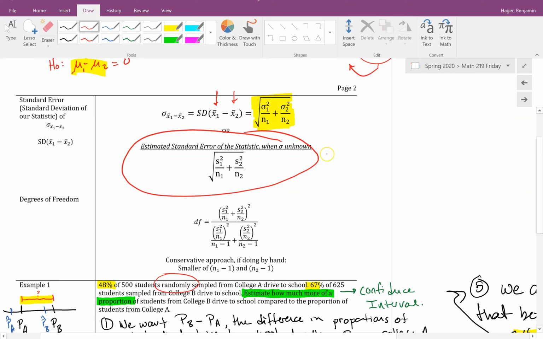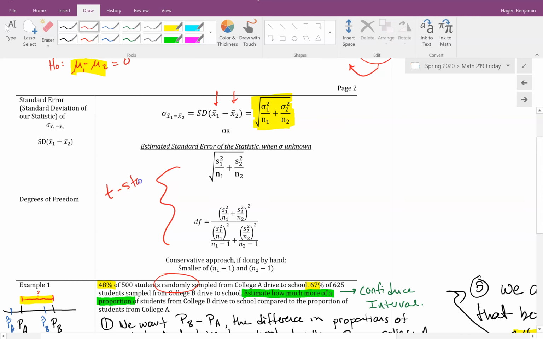So we are going to need to use t-statistics.